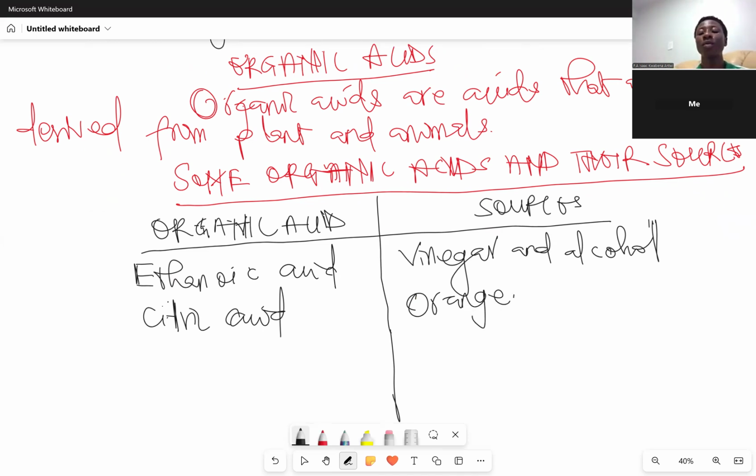Pineapple. So we can get citric acid from that, but other acids too you can get from pineapple. You can get malic and ascorbic, though in smaller amounts. Anyway, we can still include that.